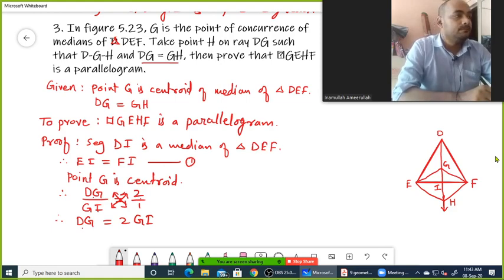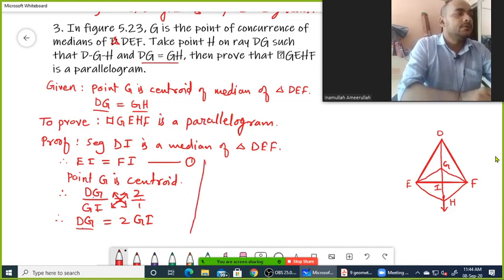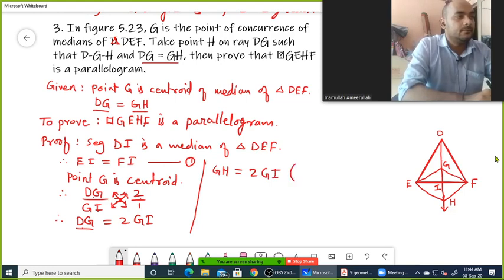Now DG and GH are the same, so this DG can be replaced with GH. So here I can say GH is 2 times GI, and here you can mention DG is equal to GH because this is given information.